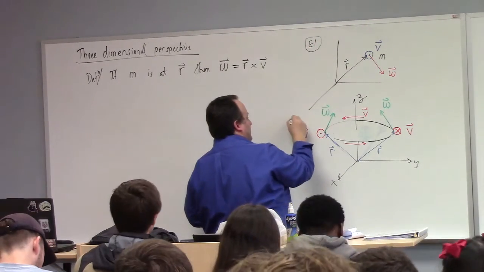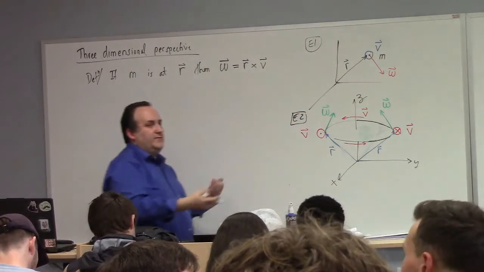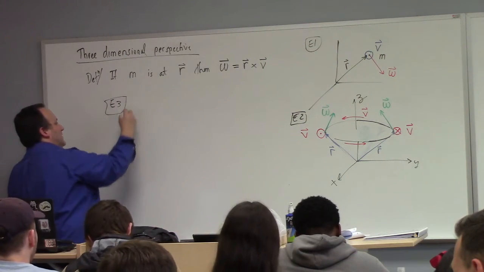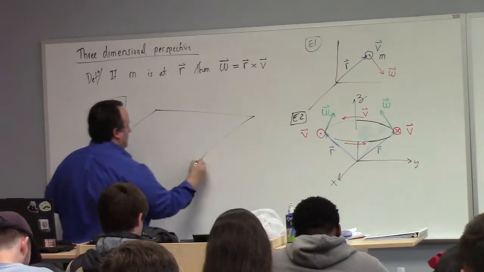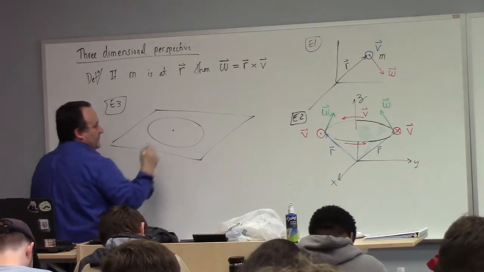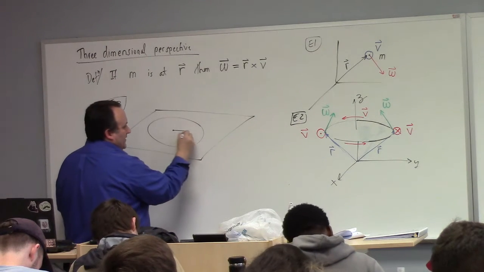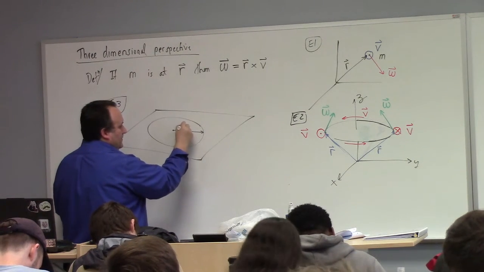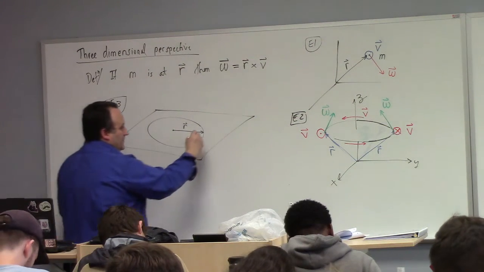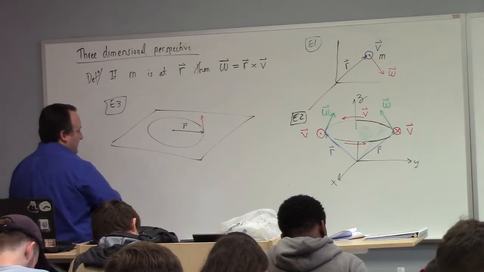Let me do one that's a little bit easier for us to follow. What if we just have motion in a plane? You have circular motion in a plane. You put the origin in the plane. You have your r vector here, and your velocity vector tangential.